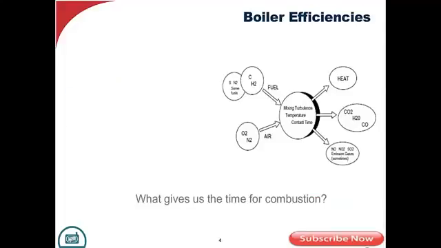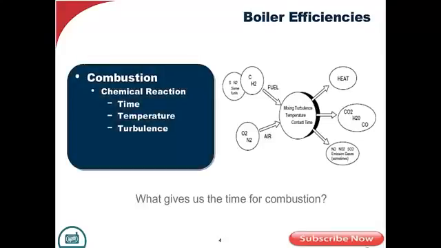If we start with combustion efficiency, actually combustion is a chemical process. As you can see, it starts with a fuel which is primarily carbon-based. It could be natural gas, it could be oil, which has hydrogen in it. We also have, within that fuel, possibly some sulfur if we're burning oil.